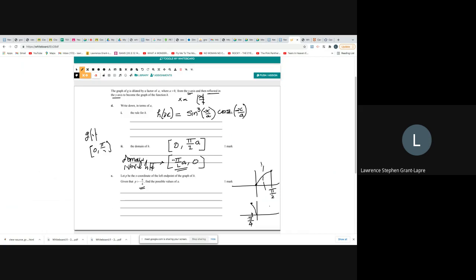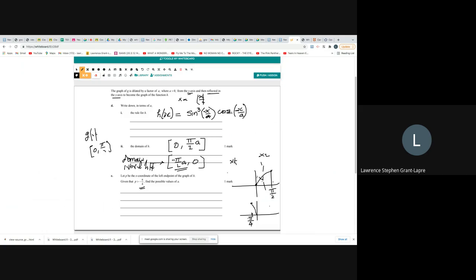So A would be divided by a half. So if it's stretched by a factor of 2, then it's A over 2. If it's a half, then it's over a half.